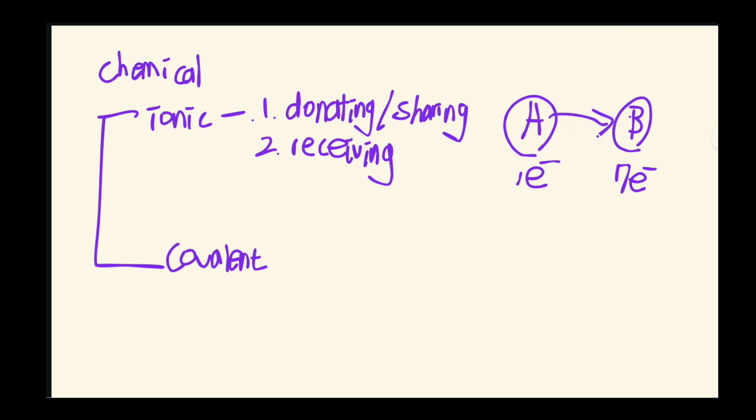Then A donates 1 electron to B, and B therefore receives it. This was ionic bonding. And covalent bonds, there's polar and nonpolar.